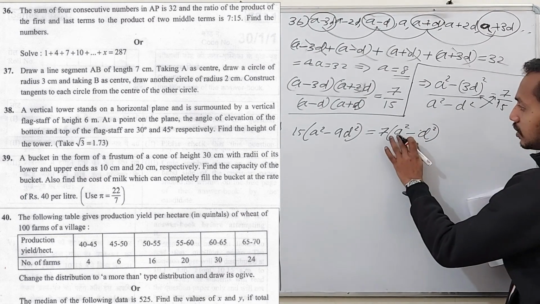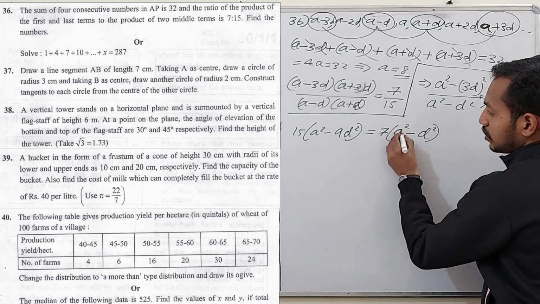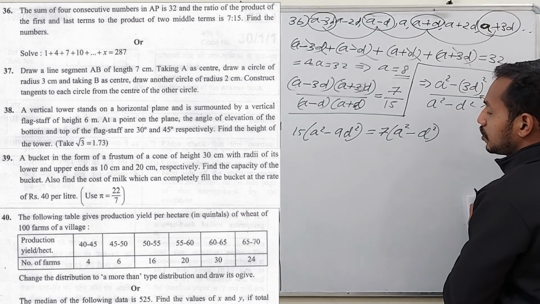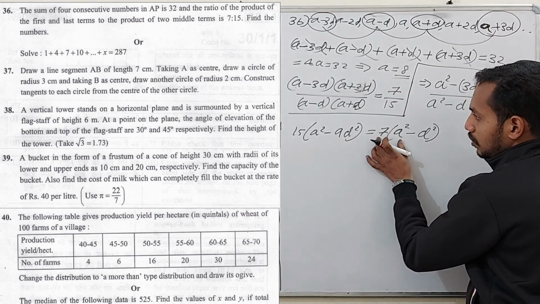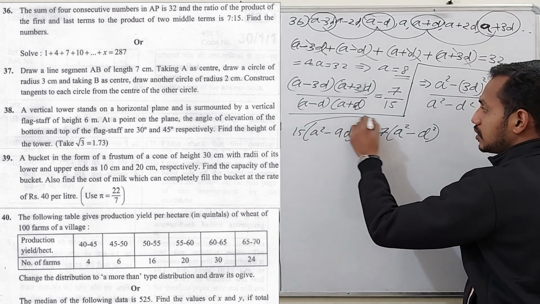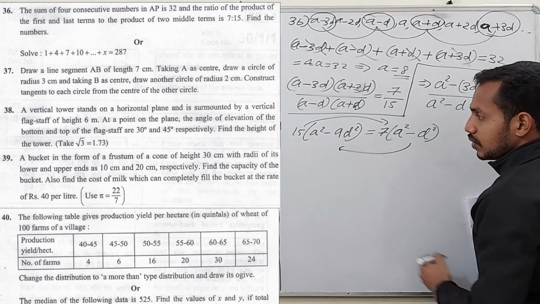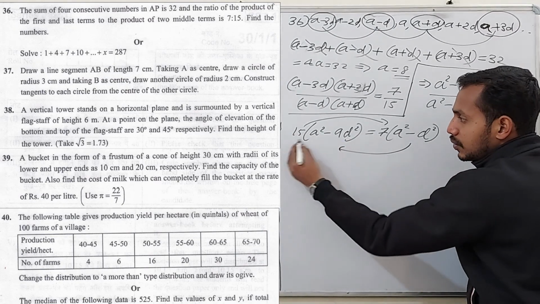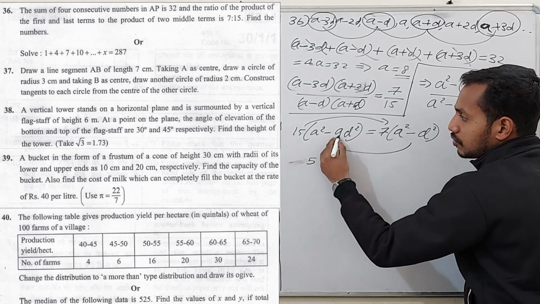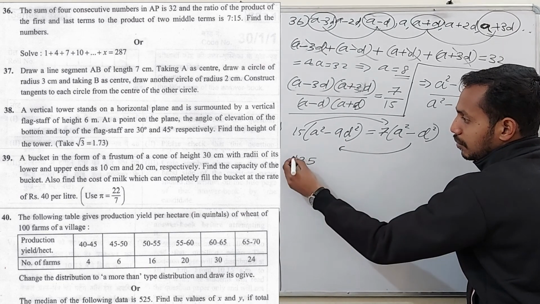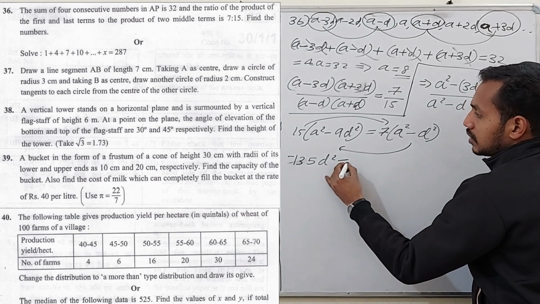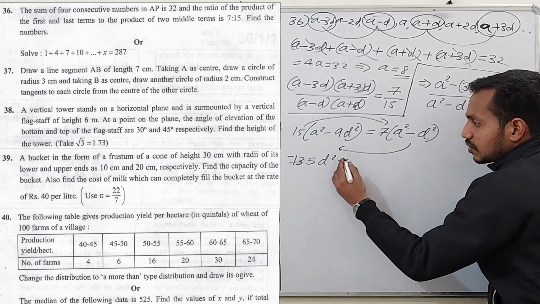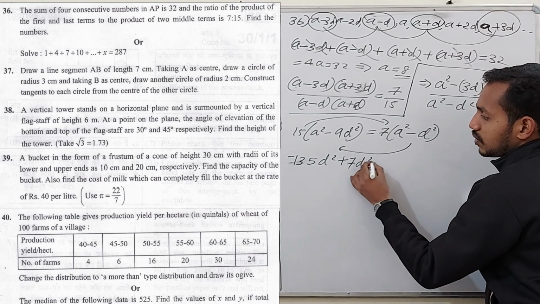Then 15a square and 7a square; we have to get the d square terms on one side, so we are taking the a square terms here and d square terms there. So we will get minus 15 into minus 9, which is 15 into 9, that is 135, minus 135d square. Then 7 into minus d square is minus 7d square; taking it to the other side, it will be plus 7d square.